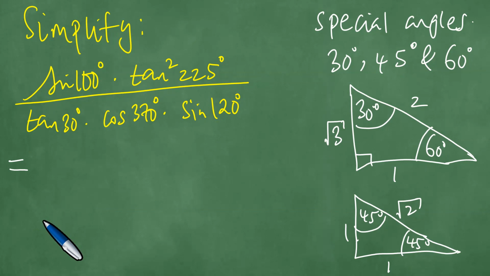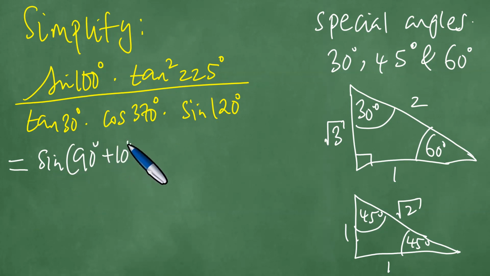What do we do here to simplify these? 100 degrees. What do we do with these? Well, there are many ways to do this. One of the ways is that the 100 can be seen as 90 degrees plus 10. 90 degrees plus 10 degrees gives us 100 degrees.